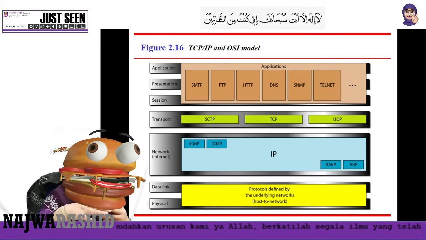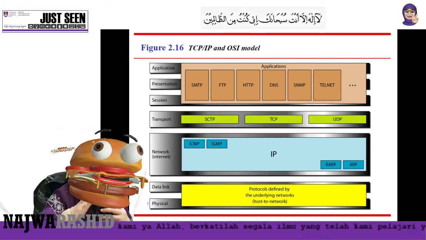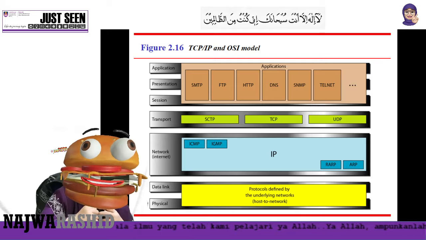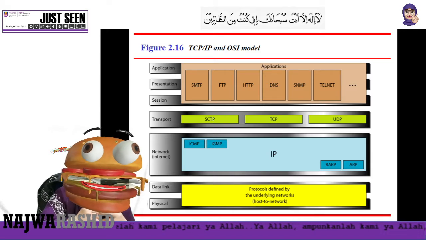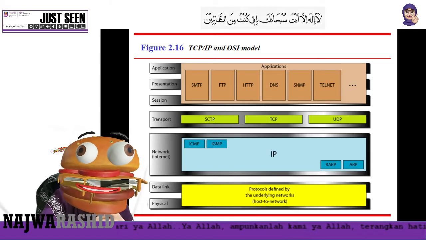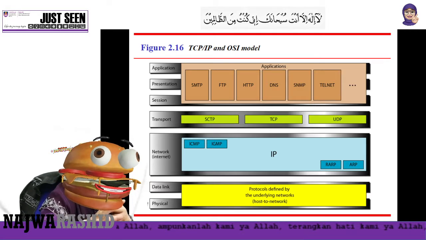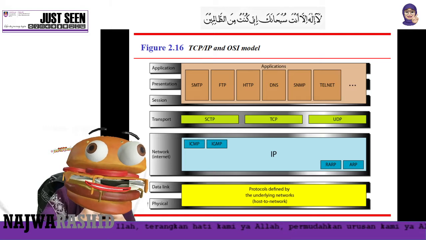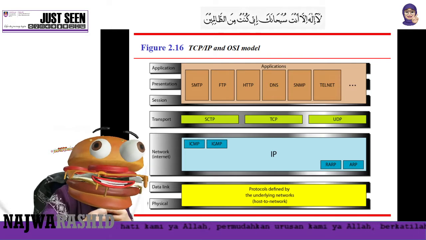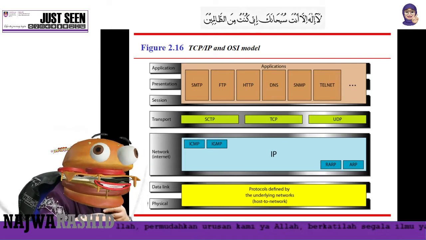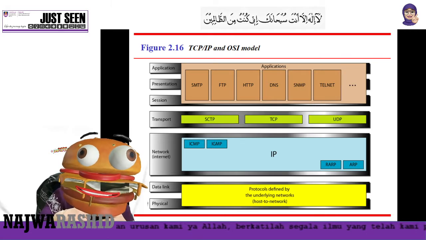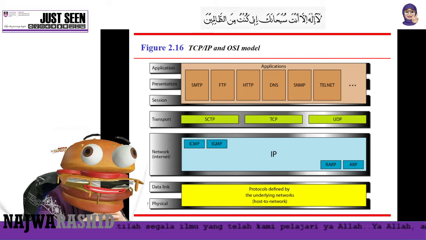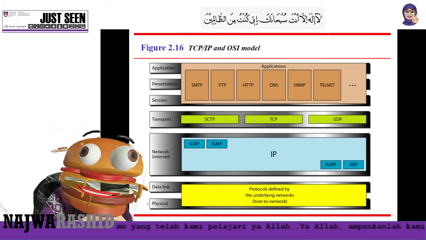And then lastly, we have the data link and physical layers. There is no protocol defined at those layers, but the protocols are defined by the underlying networks, host to network. So there are similarities between the OSI model and the internet model.